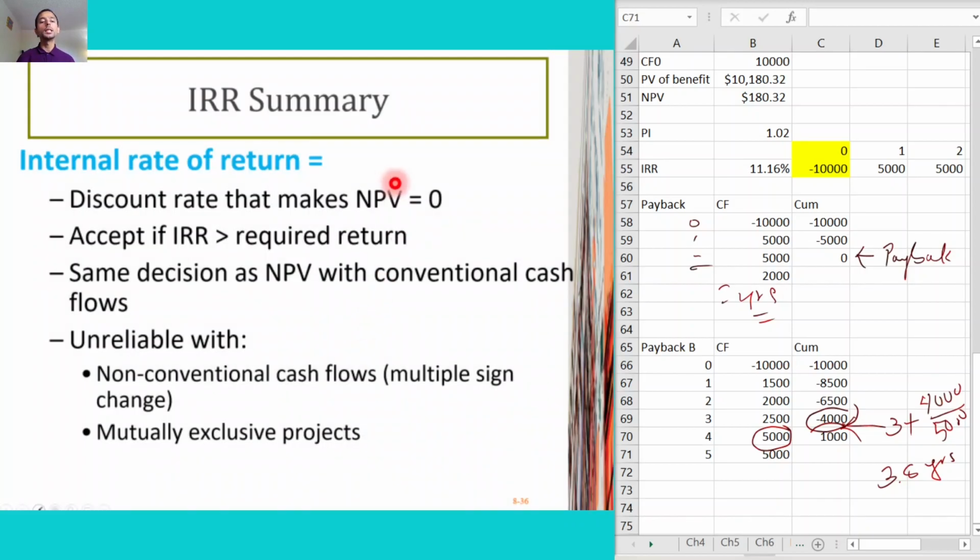Internal rate of return, the discount rate that makes NPV exactly 0. Intuitive way of looking at IRR is internally generated return. What is the return this project is generating internally, right? Accept if IRR is greater than the required rate of return. If a project is generating more return than what I require, accept, right?